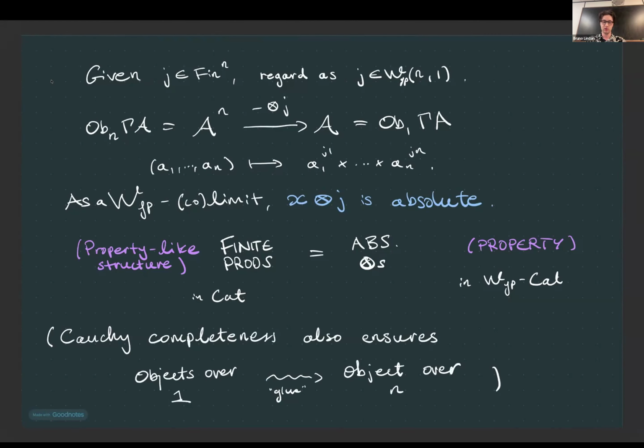And the details of this really don't matter, but it turns out that you can do this and that the weights you get are absolute. And so if you ask for Cauchy complete WFP enriched categories, then this happens for free. And once you've got this, then the process of tensoring fairly straightforwardly gives you the right universal property in the underlying category of objects over one.